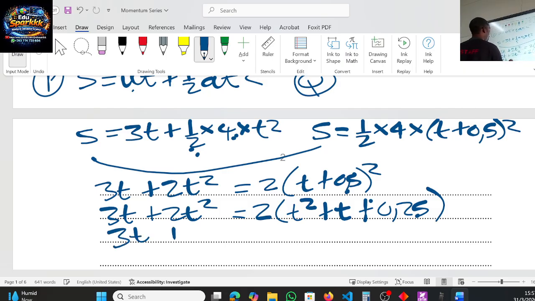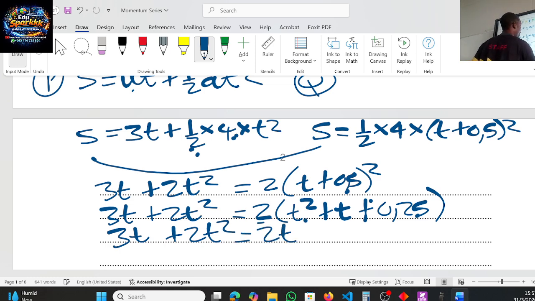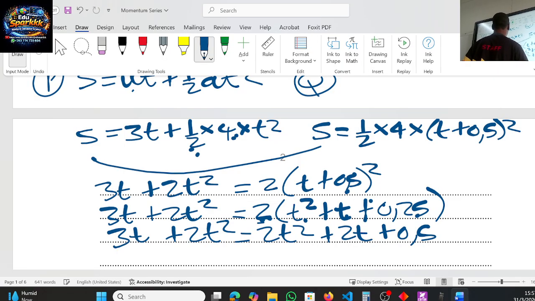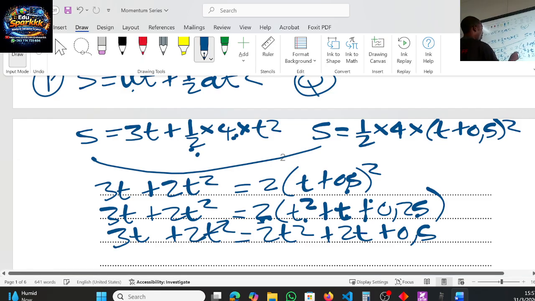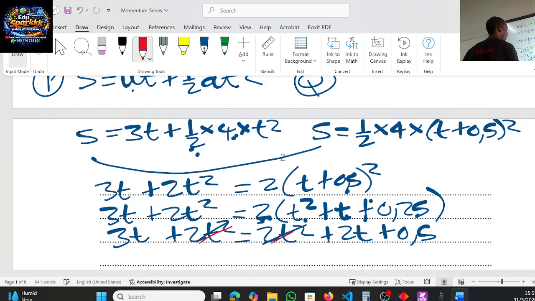Then next it will be 3t plus 2t squared equal to, when I expand the brackets, 2t squared, and there I get 2t, and there I get plus 0.5. And if we check clearly, this will cancel because it's appearing both on the left and right hand side.